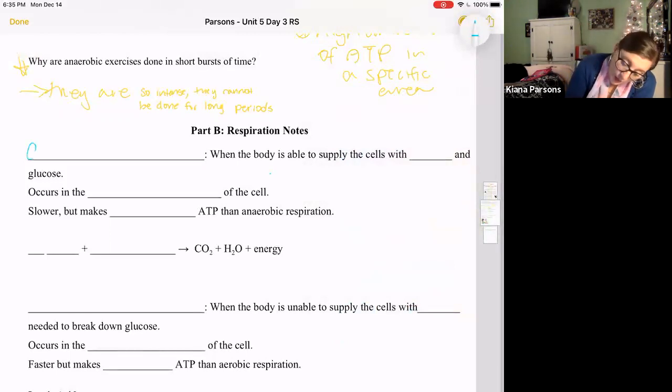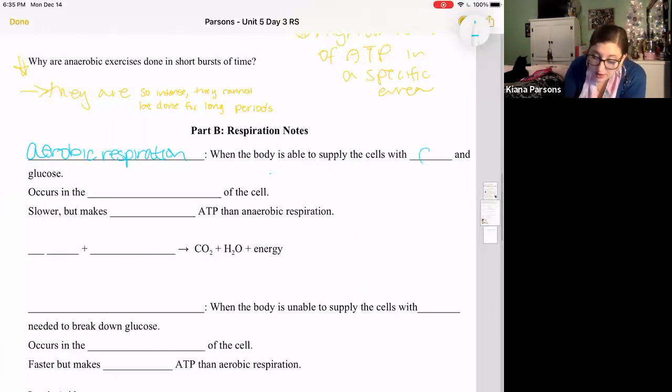So, aerobic respiration is when the body is able to supply cells with oxygen and glucose. It occurs in the mitochondria of the cell. It is slower, but makes more ATP than anaerobic respiration.